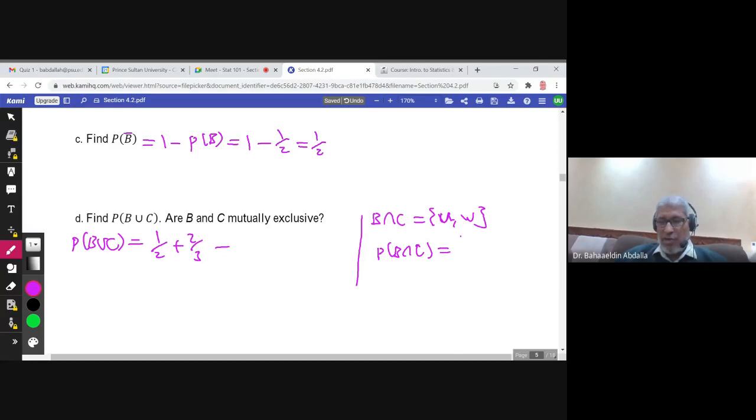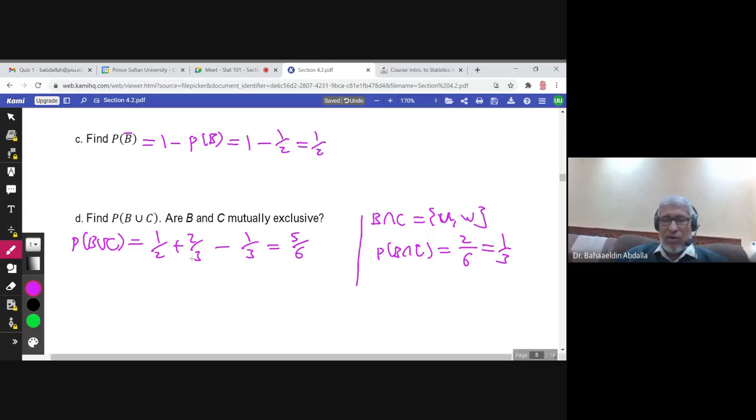How many outcomes? Two. What is the total number of outcomes? Six. So the probability of the intersection is 1 over 3. So the answer is half plus 2 over 3 minus 1 over 3. And this will give you 5 over 6.